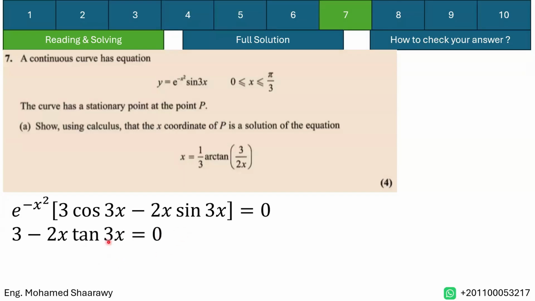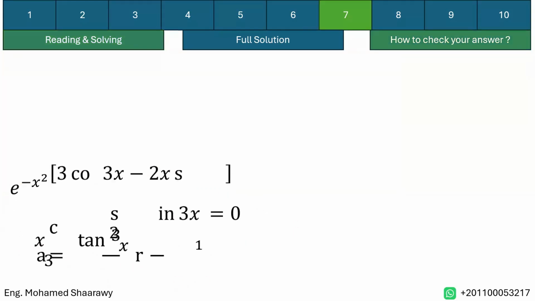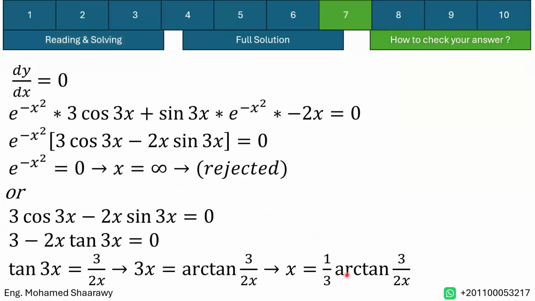Now I can get this tan as the subject first. So subtract both sides by 3. Divide both sides by negative 2x. Eliminate this negative. In order to make arctan, I can arctan both sides. And now for x to be the subject, I divide both sides by 3. And actually this is my solution. And that's the full solution.